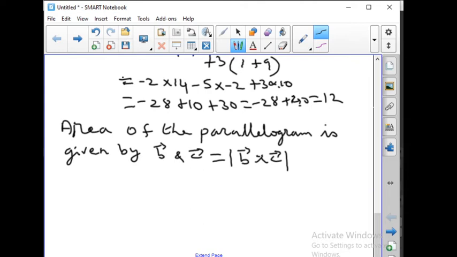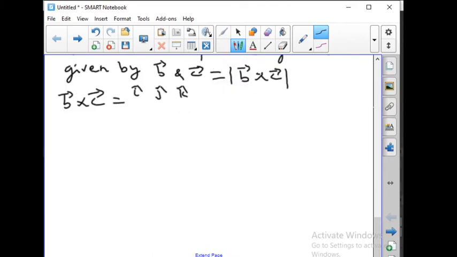Therefore, we will find B vector cross C vector first. So B vector cross C vector is equal to the determinant of I cap, J cap, K cap, and write the coefficients of B vector 1, 3, minus 2, and C vector minus 3, 1, 4.